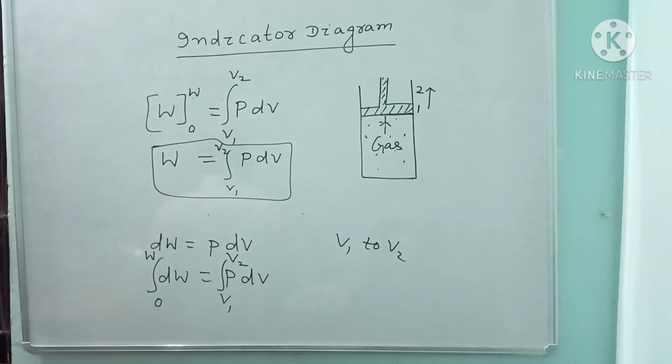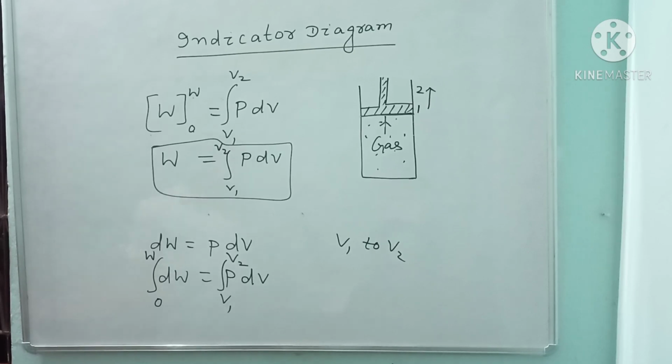So we get the mathematical formula for work done when gas is expanded or compressed. This is the formula for work done.